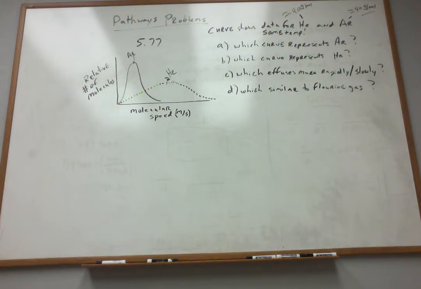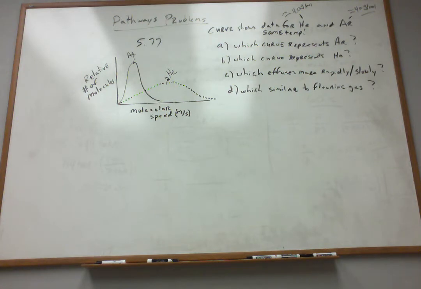Now C: which of these gases is going to effuse more rapidly or more slowly? Remember, effusion basically means the leaking of a gas from a container through a very small hole. The model for that relies upon the gas atoms or molecules colliding with the surface area of the hole such that they're removed from the container, okay?